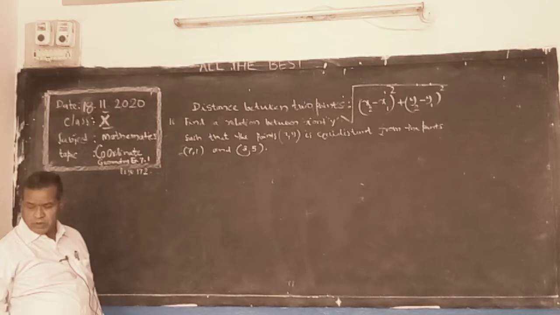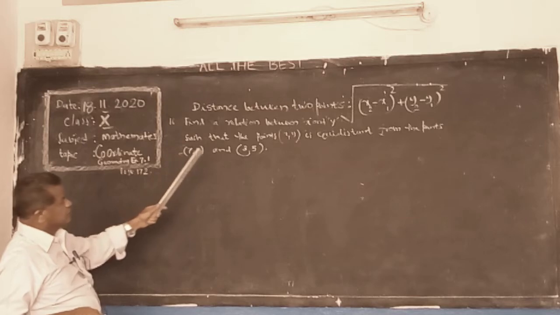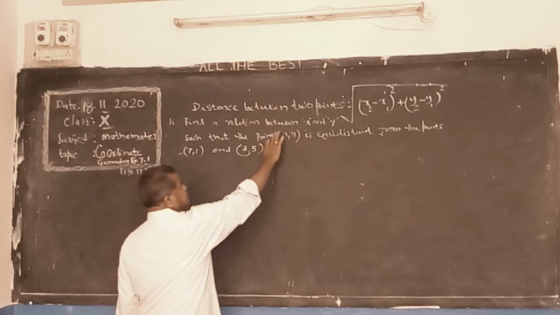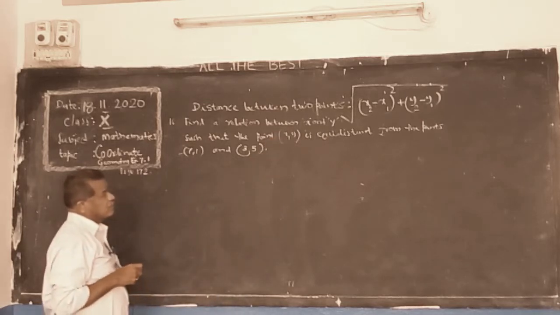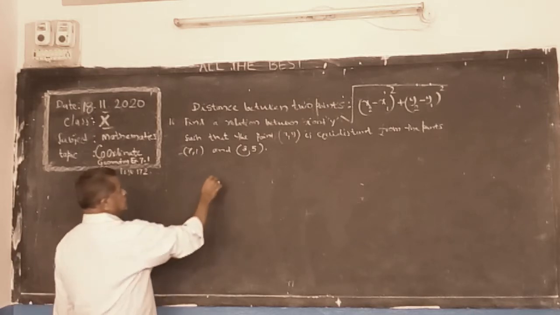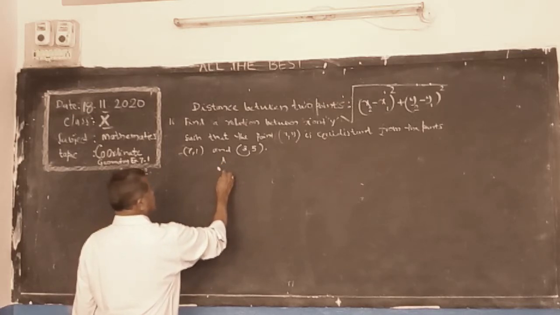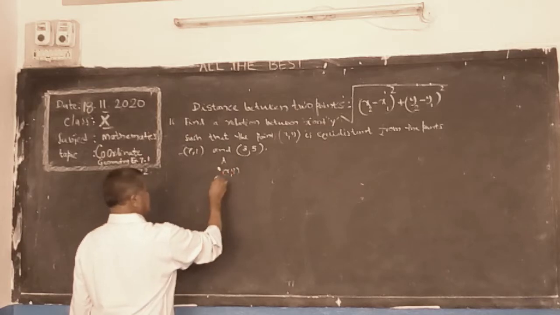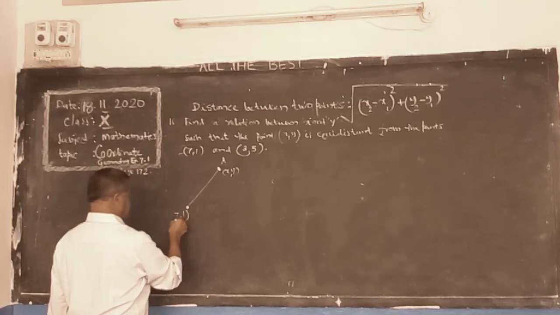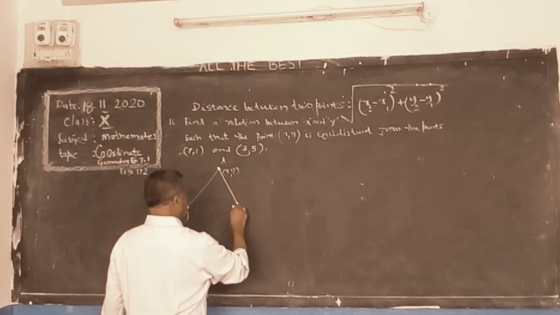We have to find the relation between x and y such that this point x, y is equidistant from the points 7, 1 and 3, 5. Suppose this is a point A, x comma y, here is a point B, 7 comma 1, and here is a point C, 3, 5.